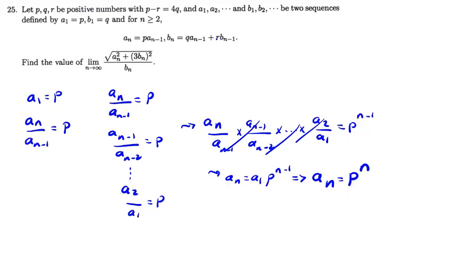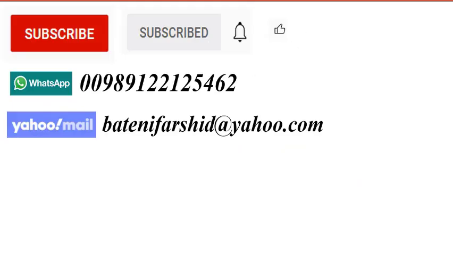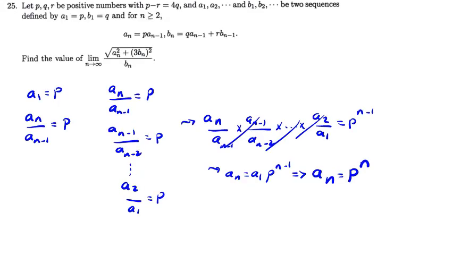If the coefficient is related to n, you should divide by n factorial. There are other ideas for when we have a coefficient in recursive sequences. If you want to learn all of them, as I said, feel free to send a message to my WhatsApp number in the description here.